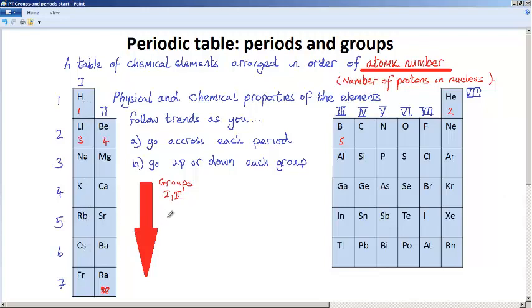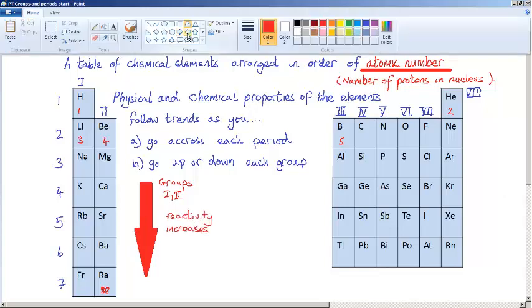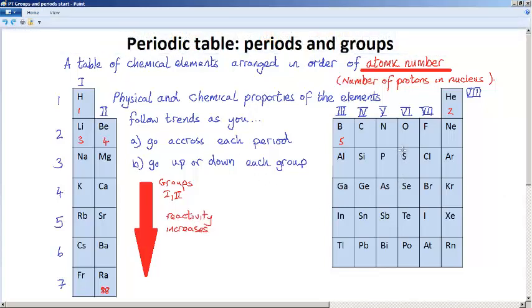So reactivity increases. Now, if we look at groups 6 and 7, for example, then the opposite happens. We can see that the reactivity of the elements increases, not as we move down the group, but this time it increases as we move up the group.